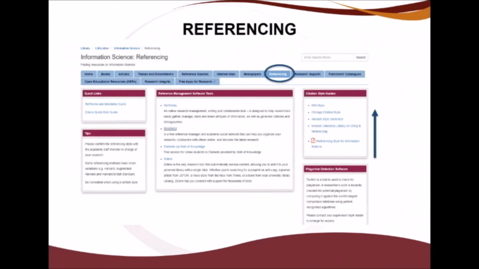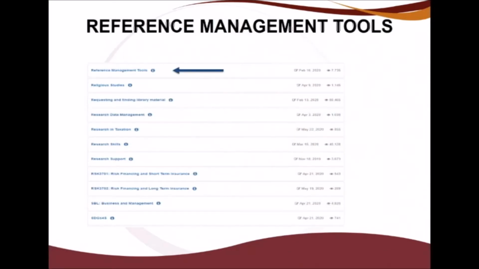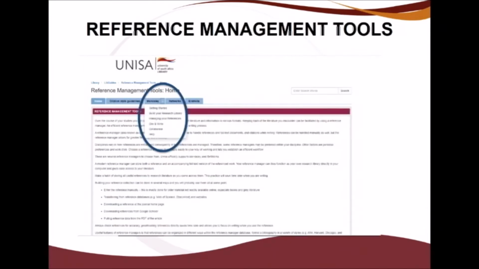But when you go to your library guide under the A to Z list, we're going to select what we call reference management tools, which is under the R, instead of your own subject specific guide. When you open that reference management tools guide, it will take you to a library guide like this one. We have Mendeley here.